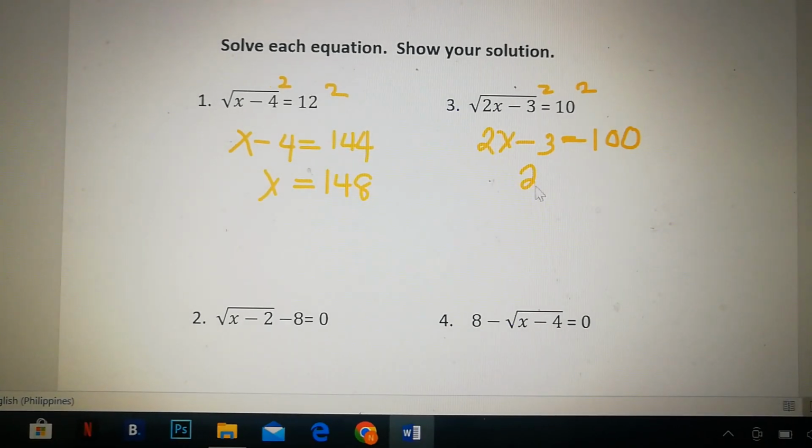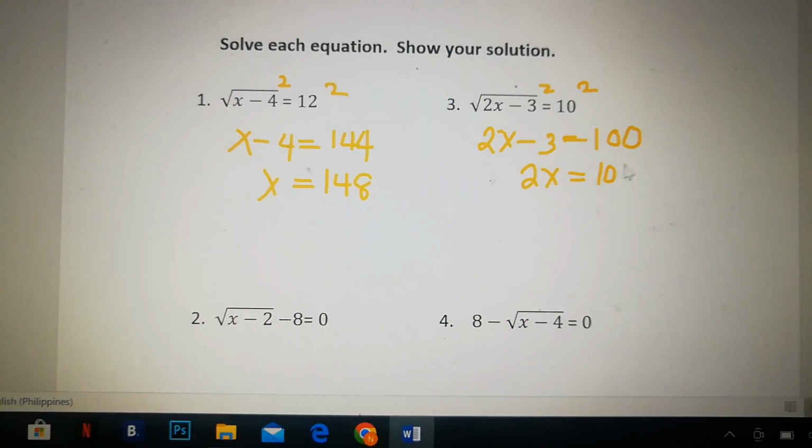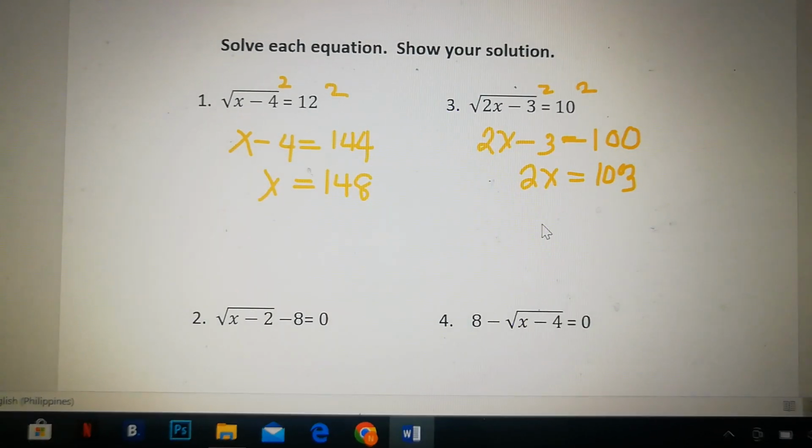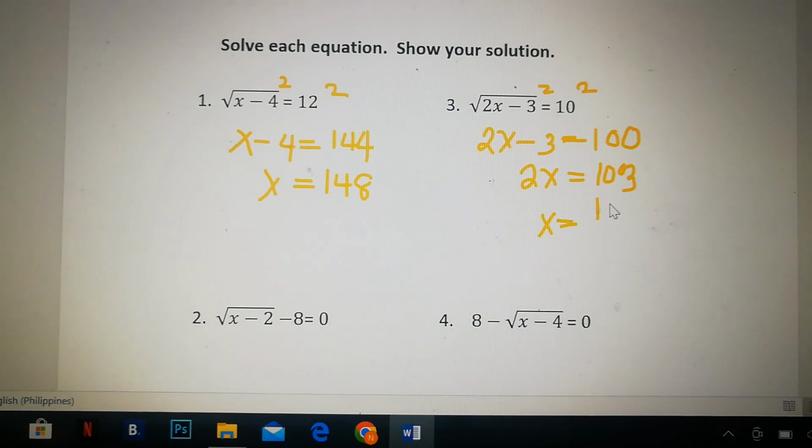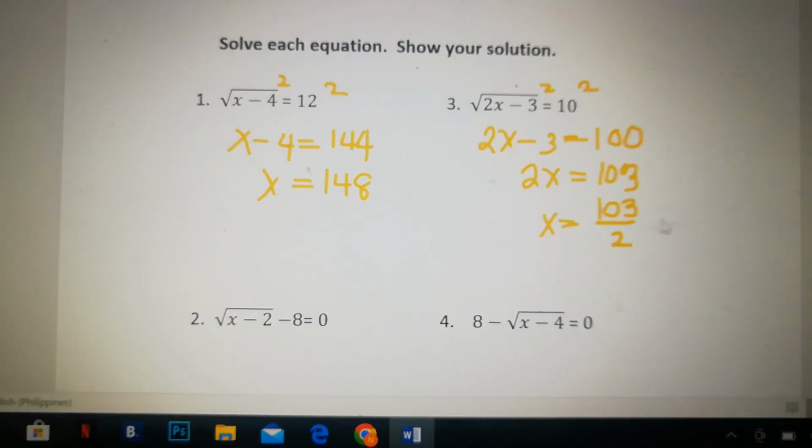So 2x is equal to 103. So what is x? Dividing both sides of the equation by 2, x is equal to 103 over 2. So the value of x is 103 over 2.